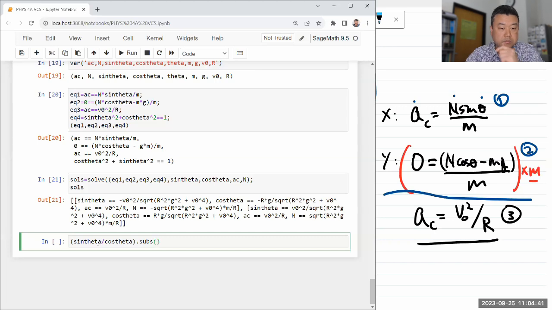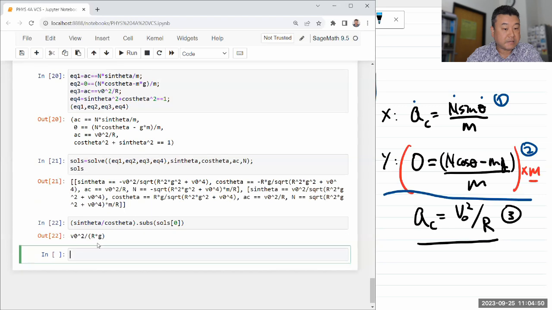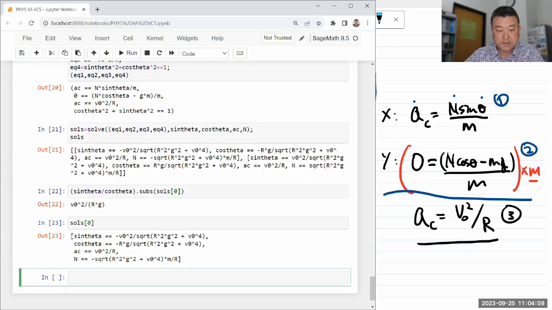So substitute. Let's see. If I do solution, first element, will this work? Oh yeah, it works. Okay, great. So when I take the first element of the solution, it's this list of equalities.